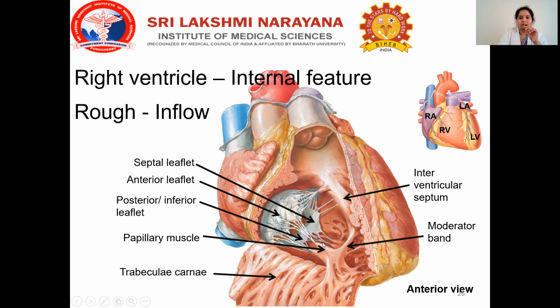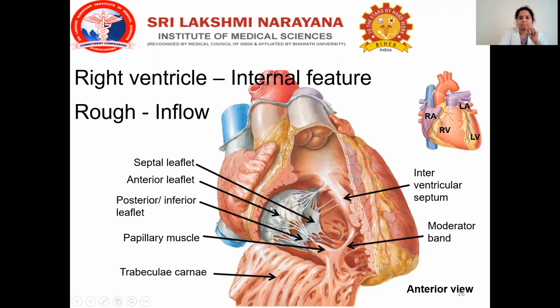Papillary muscles are attached to the three leaflets or three cusps of the tricuspid valve through fine branching cord-like structures called chordae tendineae. The three leaflets are named based upon the position of attachment.